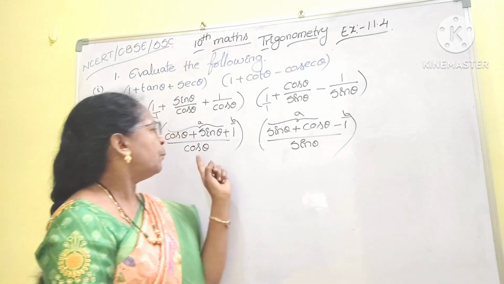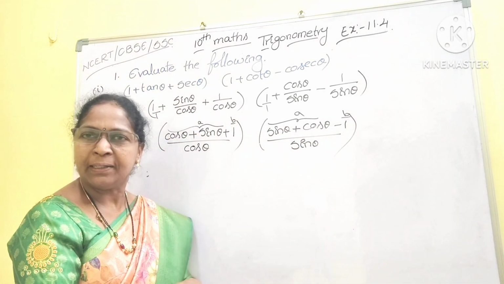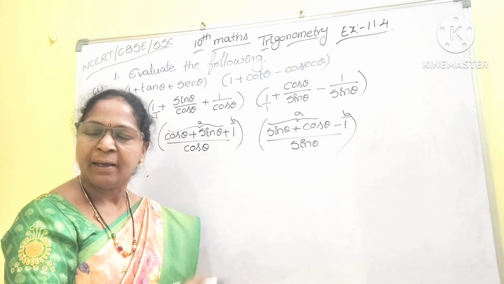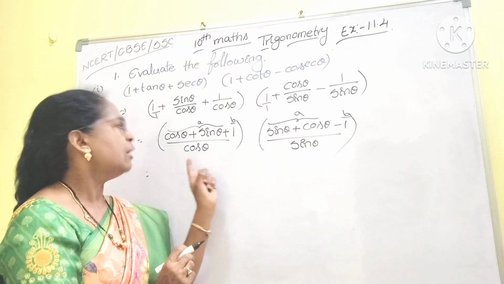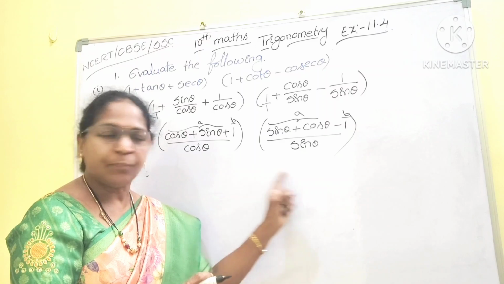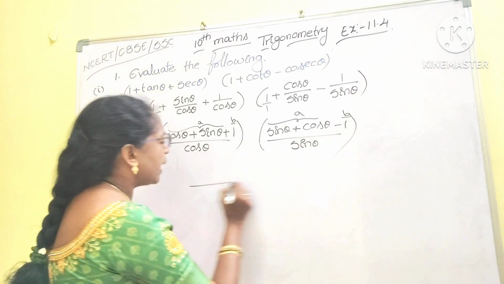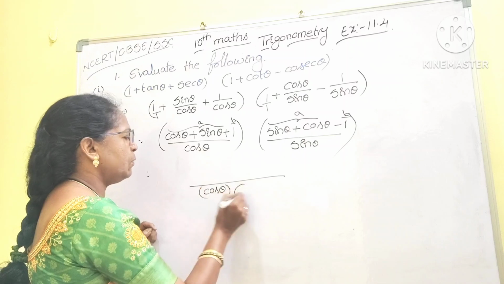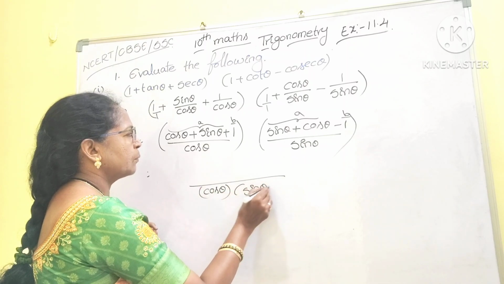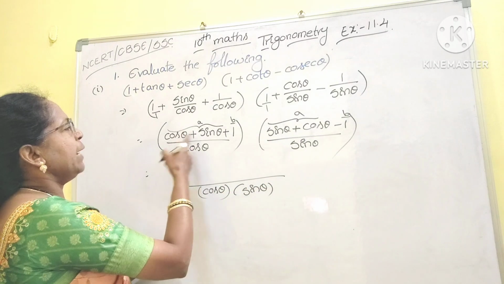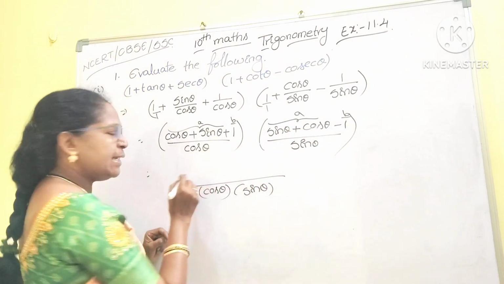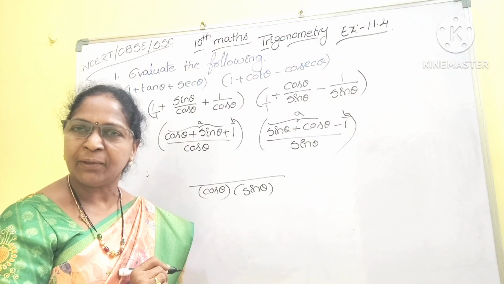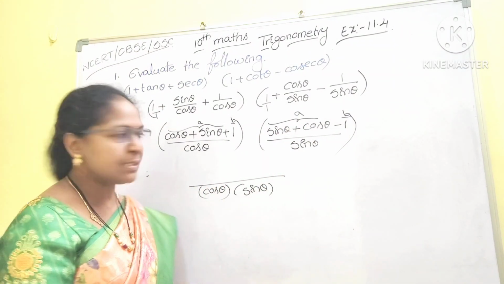In the denominator, both terms are in multiplication. Whenever a bracket is there, it is nothing but multiplication, so directly multiply these 2 terms. So the denominator is cos theta into sin theta. Now a plus b into a minus b equals a square minus b square, that is a formula.